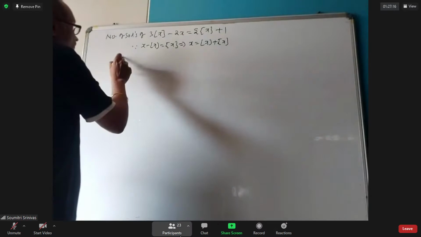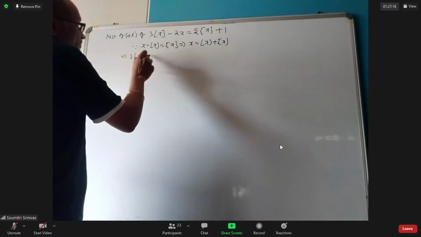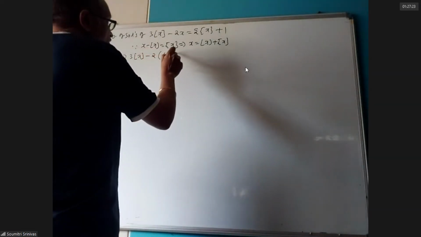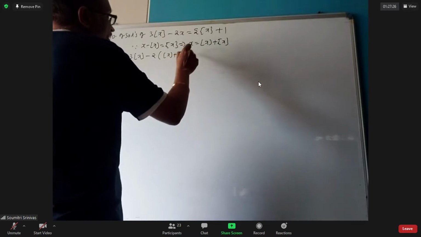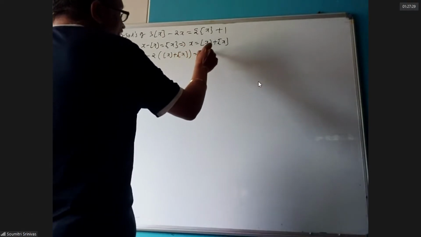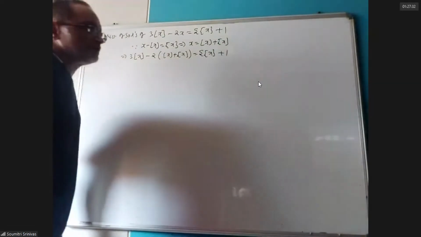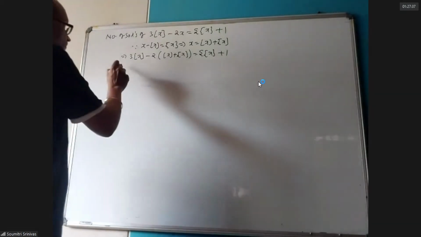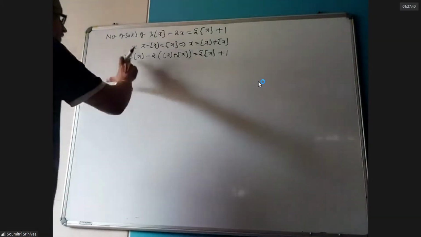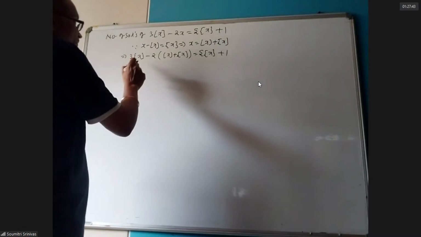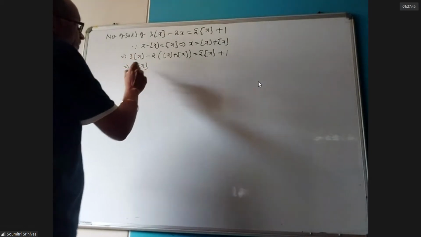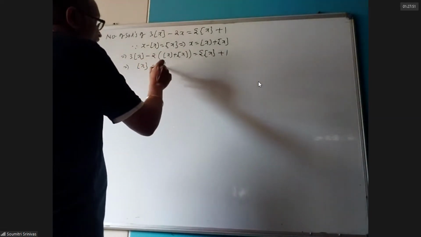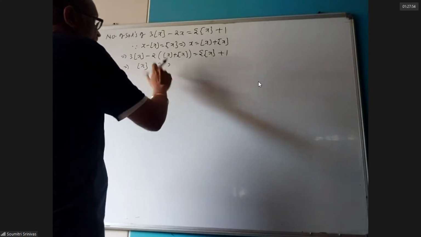What does it give you? 3 times step x minus 2 into step x plus fractional part of x equals 5 times fractional part of x plus 1. What does it give you? 3 step x minus 2 step x. How many step x, man? 1 step x, minus 2 step x, that side. 7 fractional part of x.